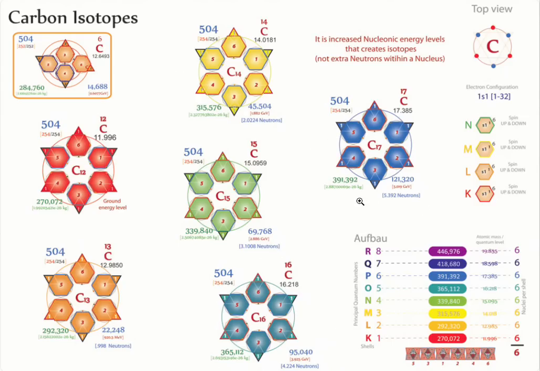Tetryonics takes the energy levels and paints the full picture, if you like. Again, we've done the same illustration here, highlighting 6 deuterium nuclei at the same energy level, and we've increased that energy level for each shell and calculated the atomic numbers or the isotope numbers for the elements beside it.